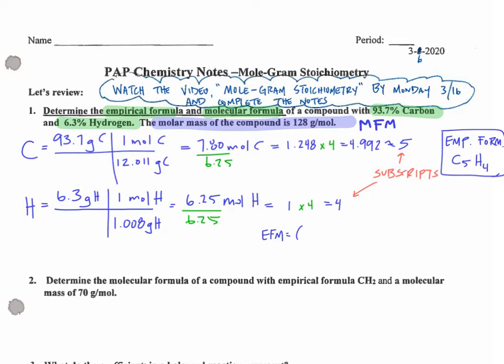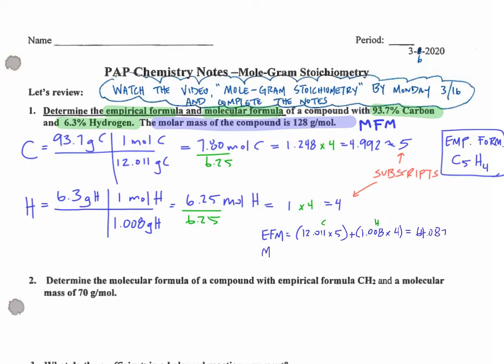Carbon is 12.011, and I've got 5 of them, plus hydrogen is 1.008, and I've got 4 of them, and then add them up. When I do the math, I get an empirical formula mass of 64.087.